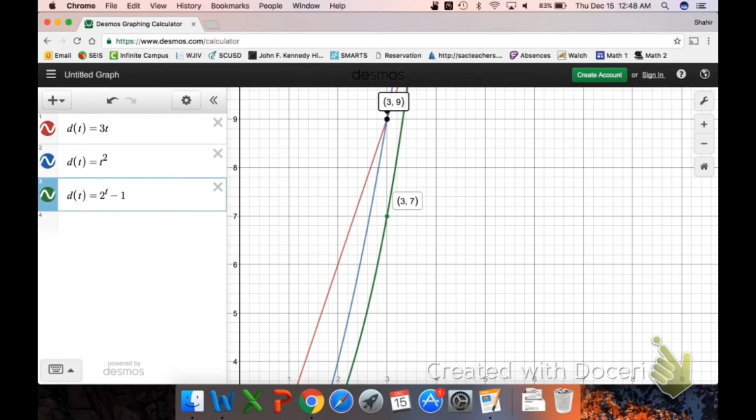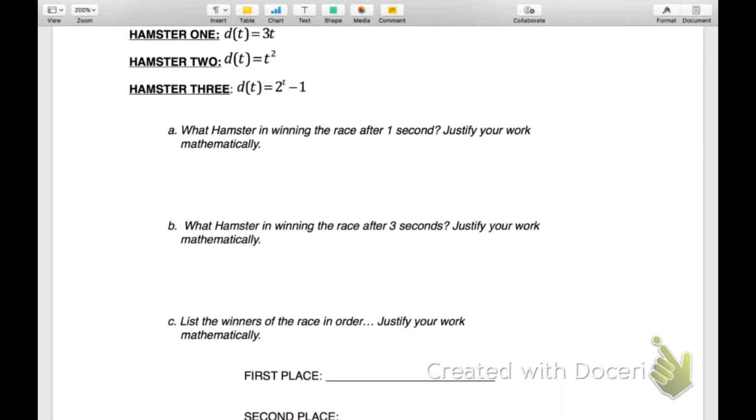At 3 seconds, he's 7 meters from the starting line. So after 3 seconds, hamster 3 is 7 meters from the starting line.